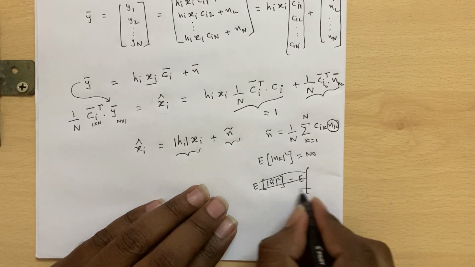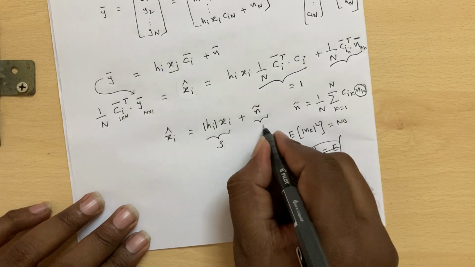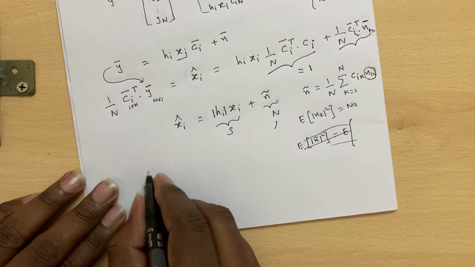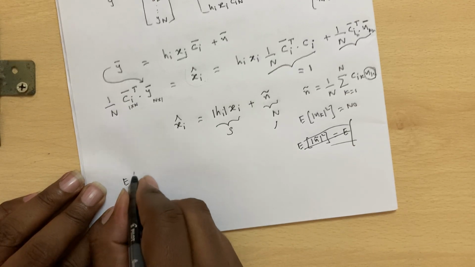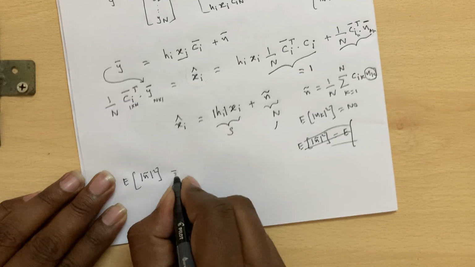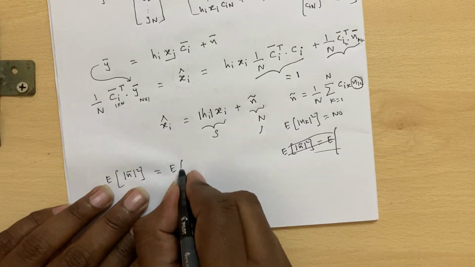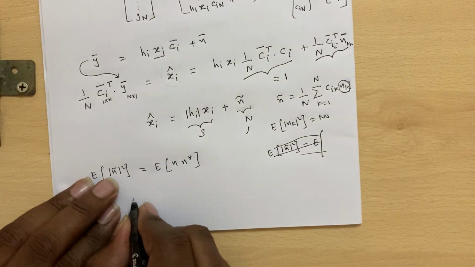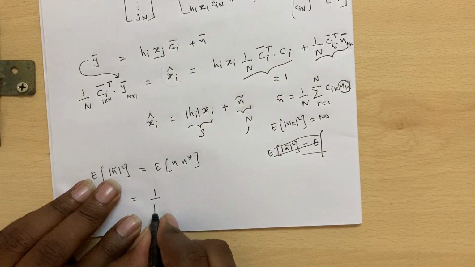so we will do it here separately. So this is the signal part and this is the noise part. We are now finding the noise power. The noise power is expectation of mod n tilde square, which is equal to expectation of n into n conjugate, which is equal to 1 by N square.